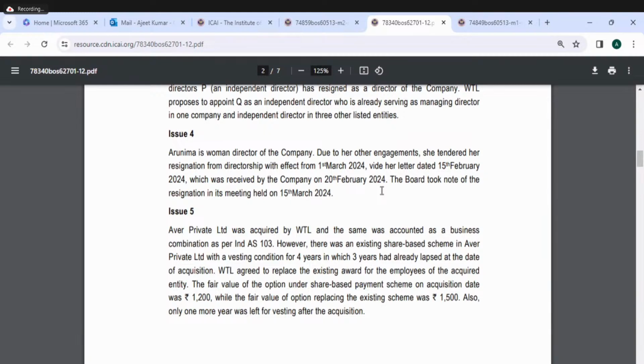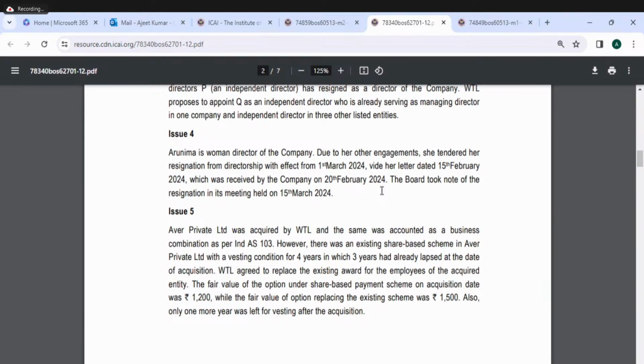I'm waiting for an answer. Meantime, the students are giving me an answer on whether we have to attempt this particular issue with the help of SEBI requirements or the Companies Act 2013.